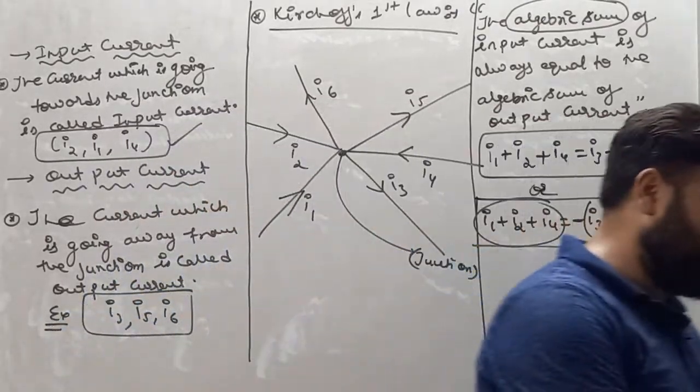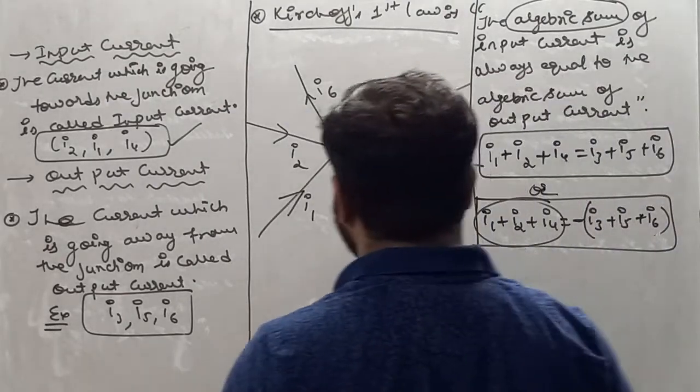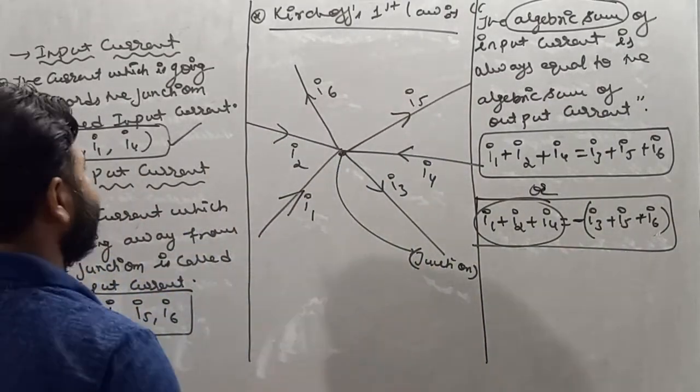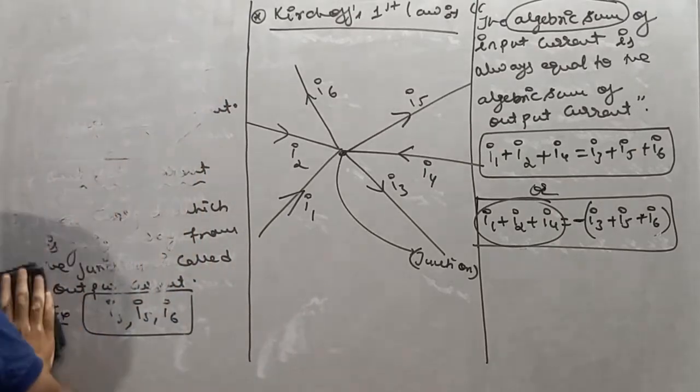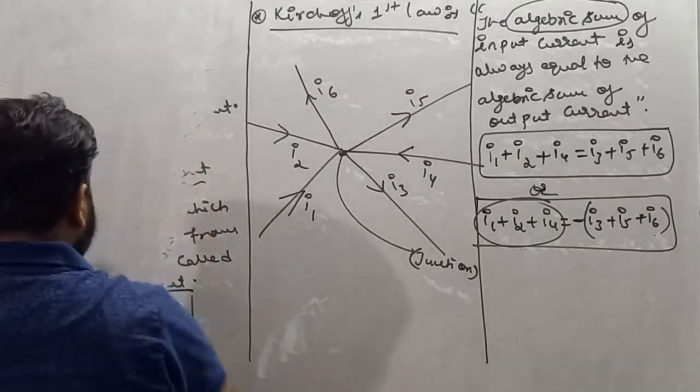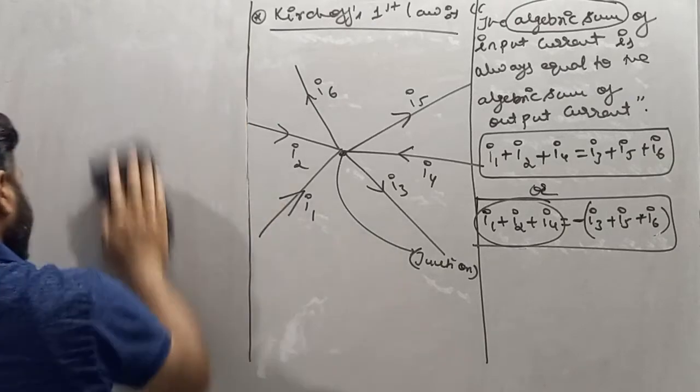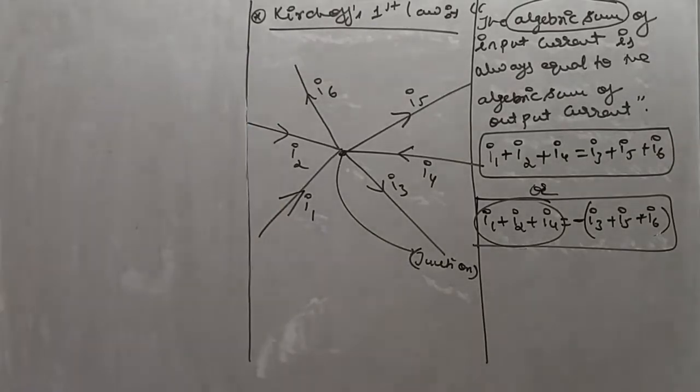So this is what the first law is. Remember, Kirchhoff's first law is nothing but the algebraic sum of input current is always equal to the algebraic sum of output current.